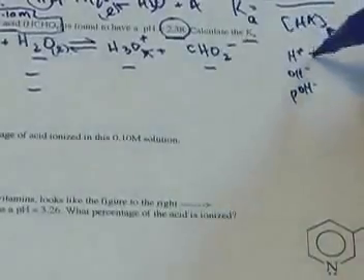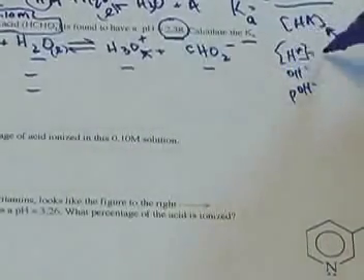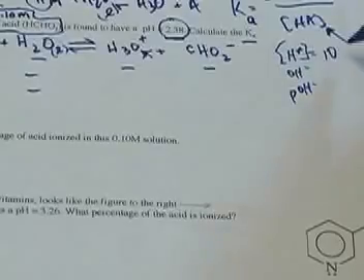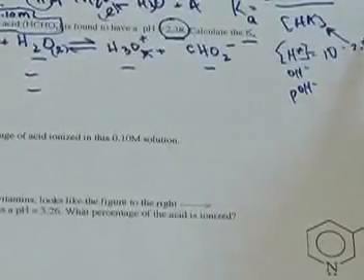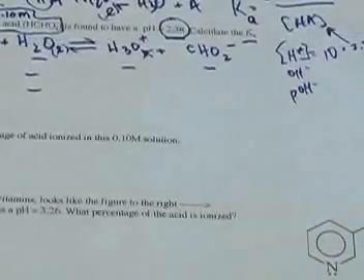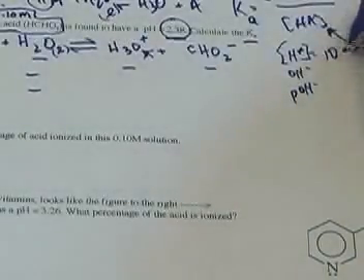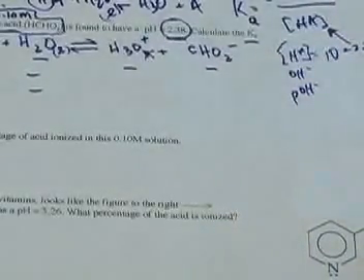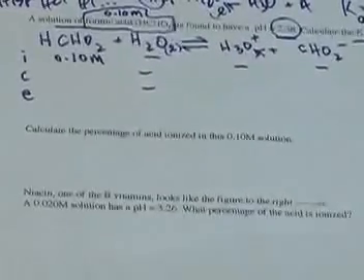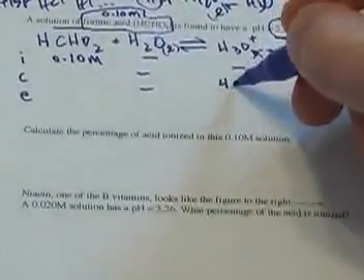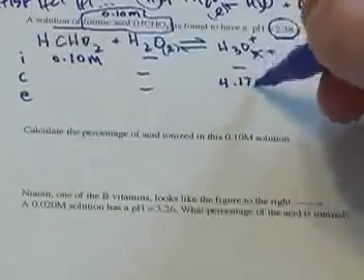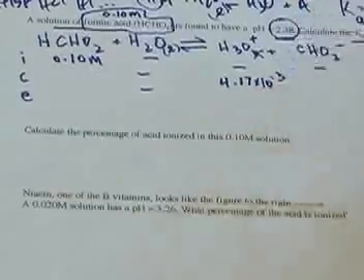And so to find the H+ ion concentration, what I'd do is take my 10 to the x key on my calculator and take 10 to the negative 2.38, which is the pH. And if I do that on my calculator, I end up with an H+ ion concentration of 4.17 times 10 to the negative third.